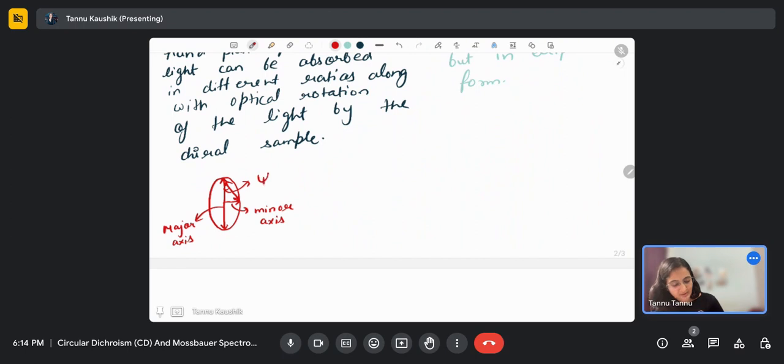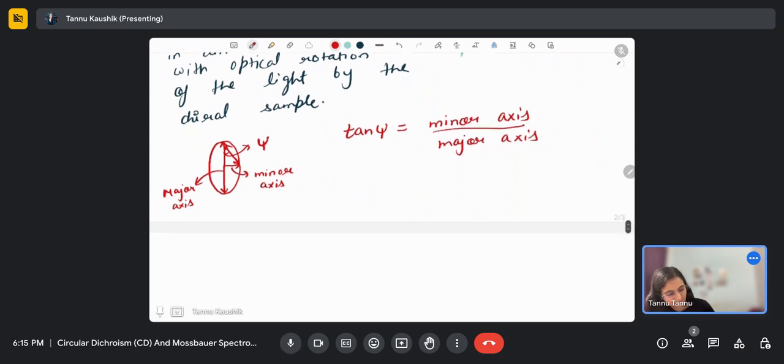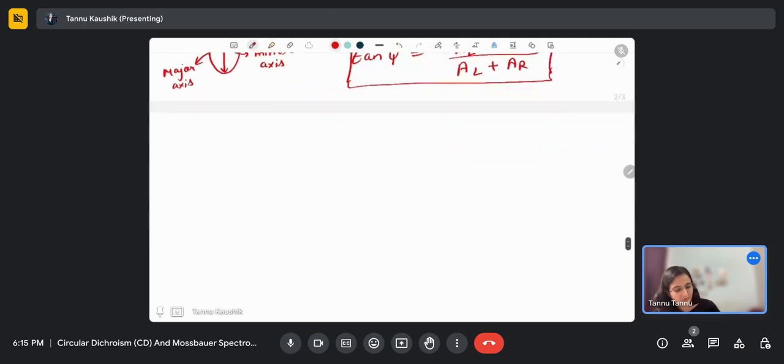And the angle between the absorbance of the left hand rotated light and right hand rotated light is said to be psi, and this is represented as tan psi equal to minor axis by major axis, which is equal to the absorbance of the left circularly polarized light minus absorbance of the right circularly polarized light, divided by the summation of the absorbance of these two lights.